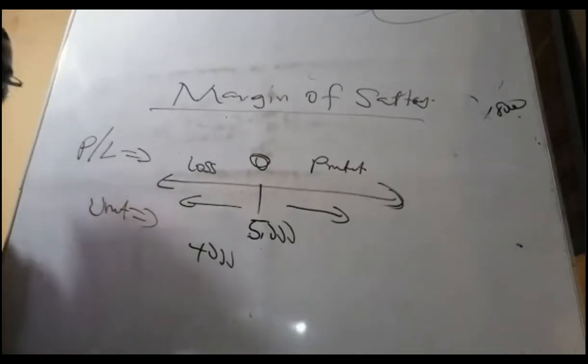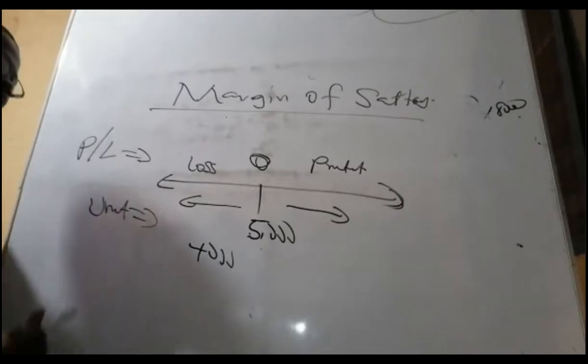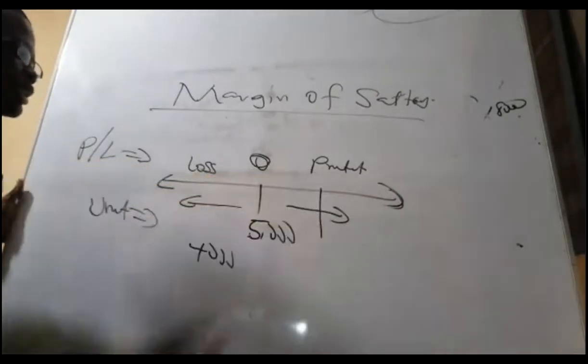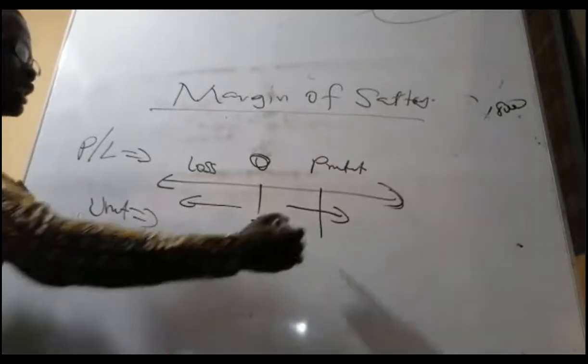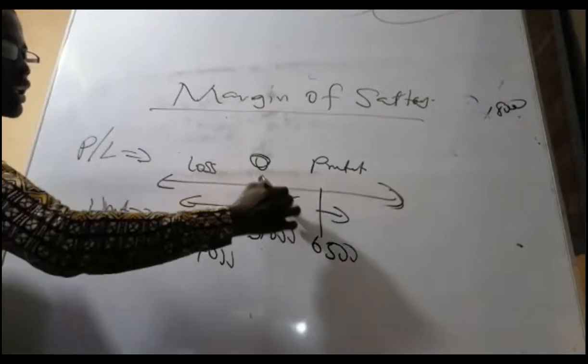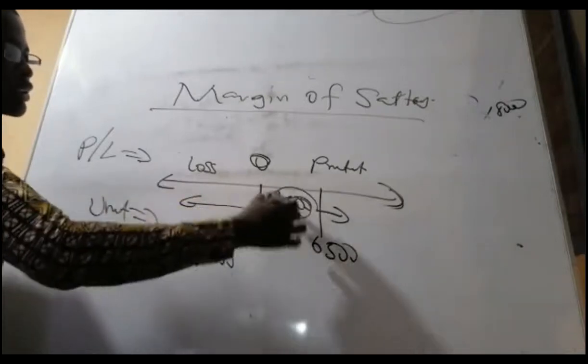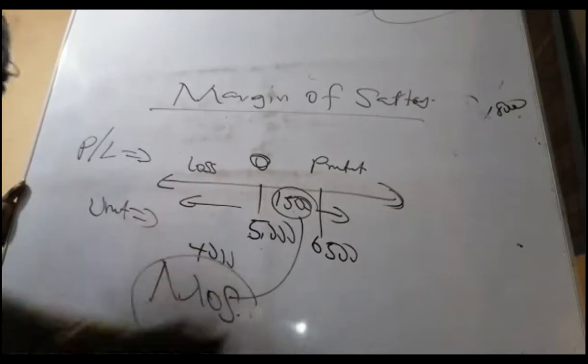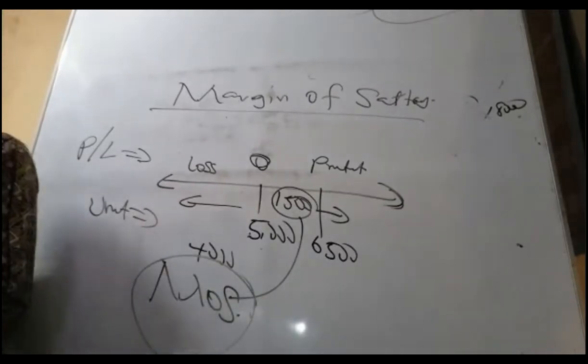Let's answer the second question. What will be the value? Any figure at all. So what will be your budget? Let's assume the budget is just 6,500, right? Okay. So it means that you added certain units to the break-even. You added 1,500, and that is called margin of safety. So you put safety in of 1,500.